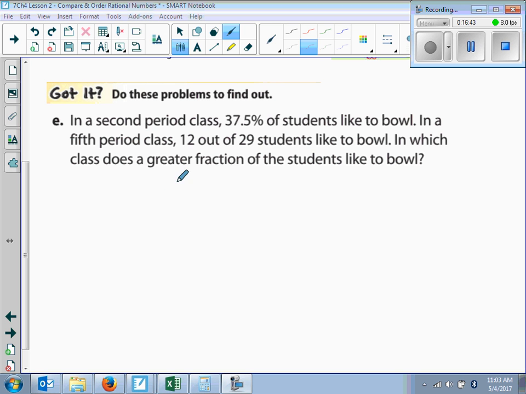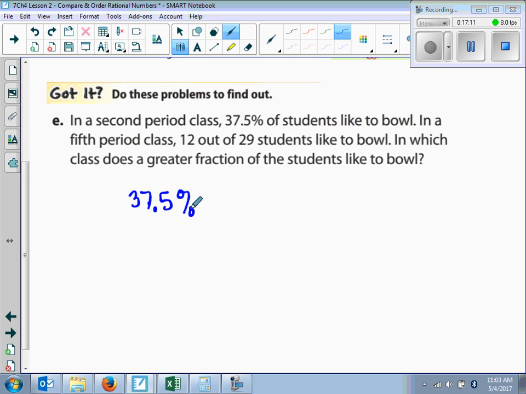All right, in example E, it says, in a second period class, 37.5% of the students like to bowl. In a fifth period class, 12 out of 29 students like to bowl. In which class does a greater fraction of the students like to bowl? So the first thing we're going to do is change that percent to a decimal. So we have 37.5%.